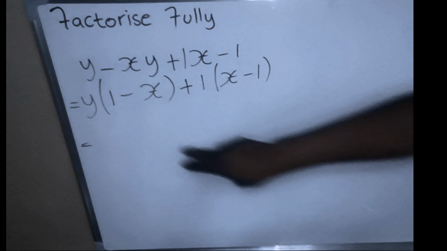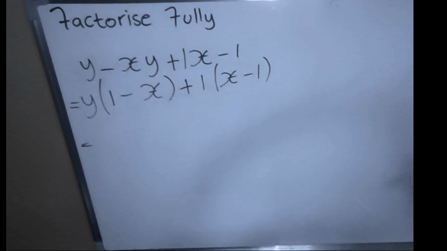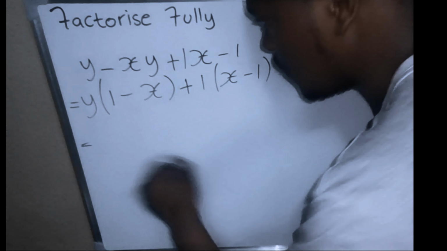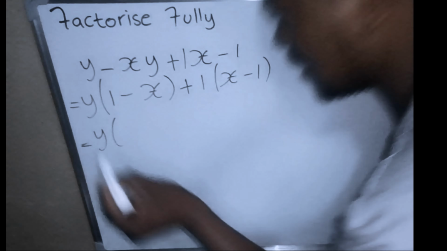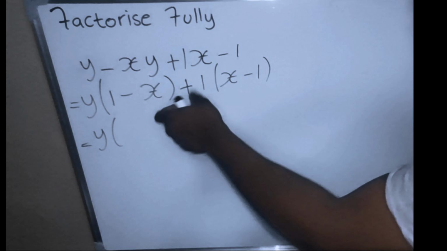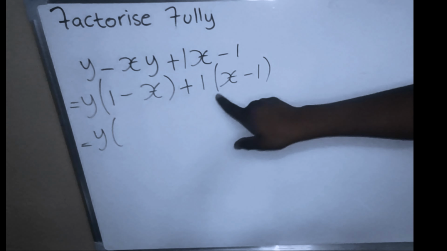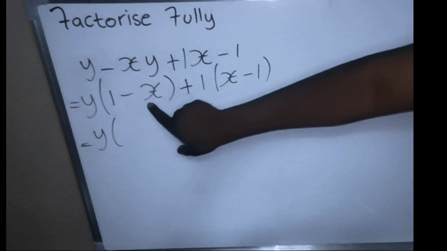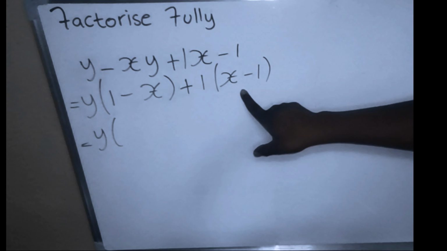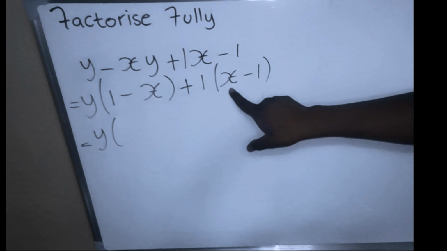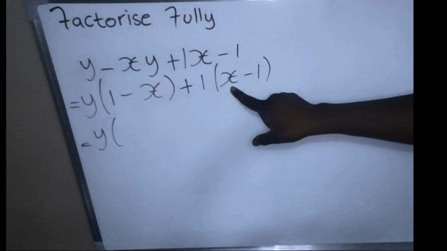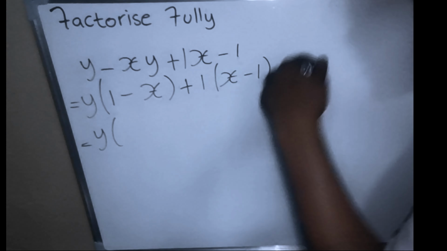I can simplify this one very fast. First thing first, you say y bracket, and you rearrange this expression. I need to start with my x, just like on this side we've got x here. I just swap them.